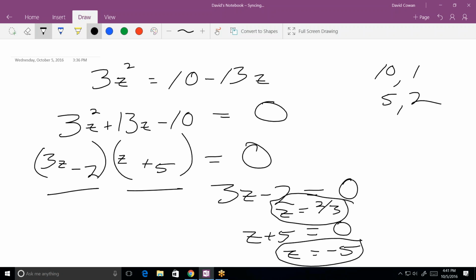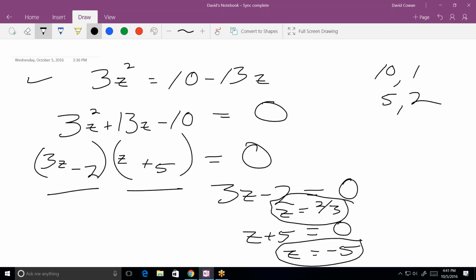If you take either of those solutions and plug it back into your original equation, you will see that it works. Both of them will be true. Now, occasionally you have quadratics that produce two solutions, and one of them is called extraneous.